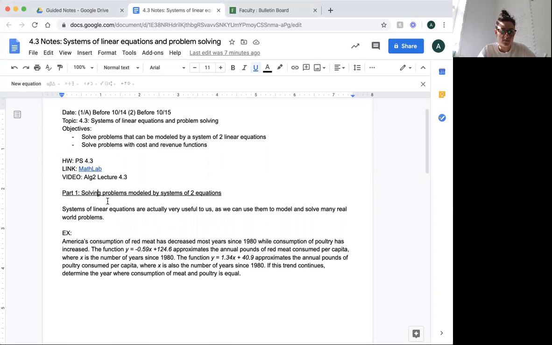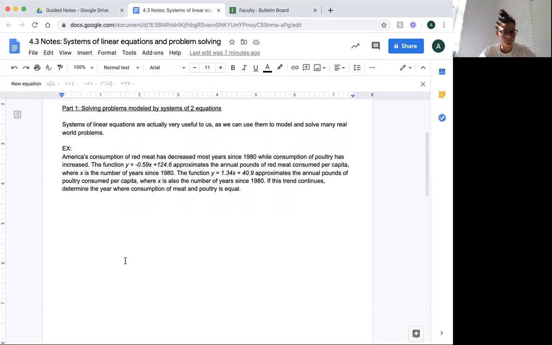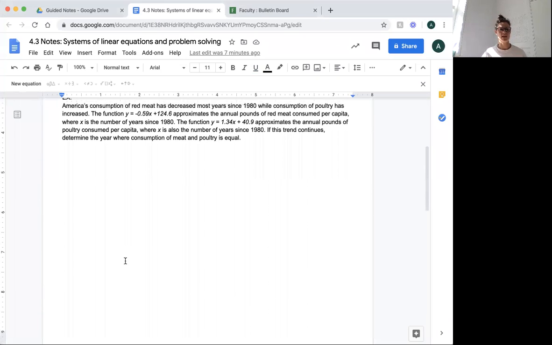So part one is solving problems modeled by a system of two equations. Systems of linear equations are actually very useful to us as we can use them to model and solve many real-world problems. For example, America's consumption of red meat has decreased most years since 1980, while consumption of poultry has increased.